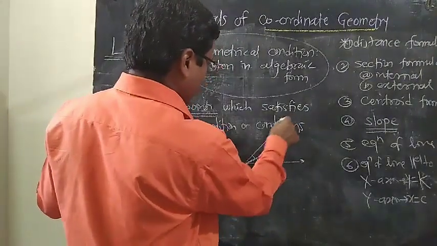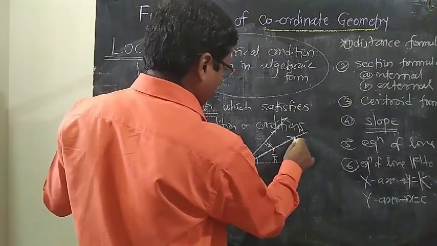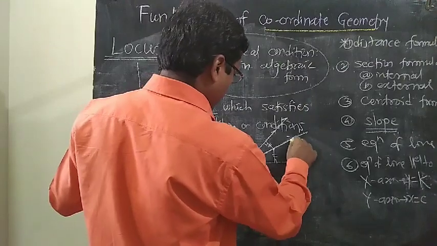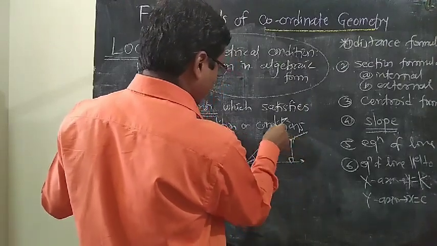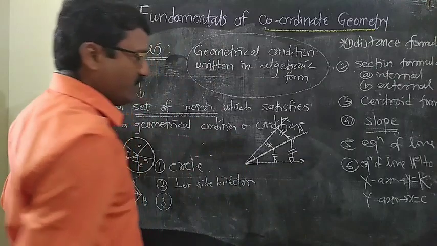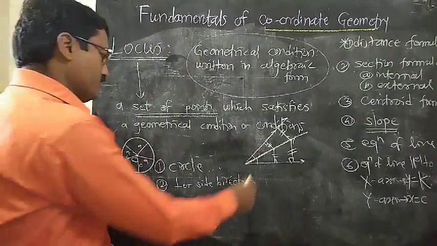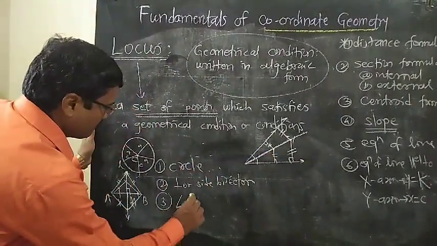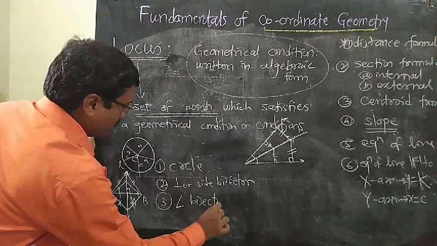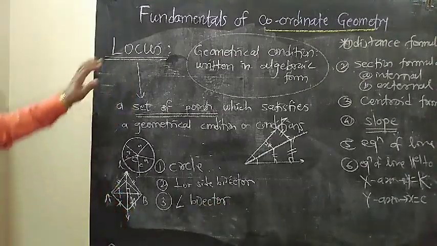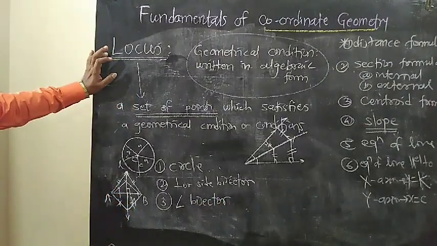Similarly, if you take this point, it has equal distance from the arms of that angle. So this angle bisector is also an example of locus.